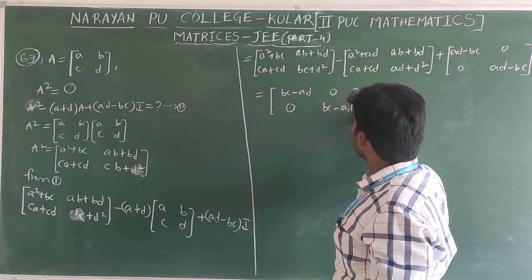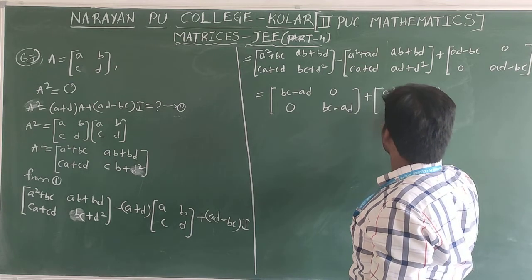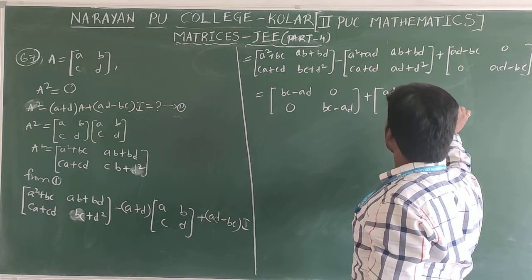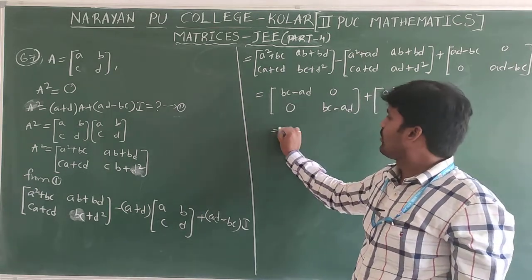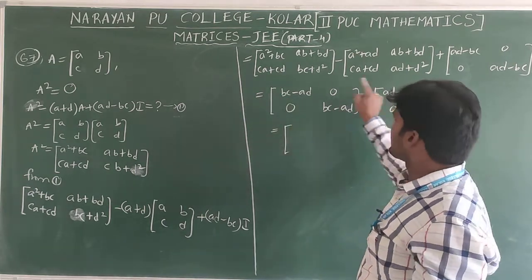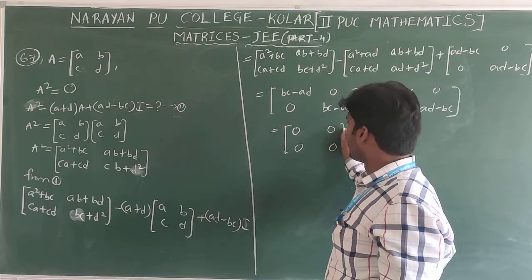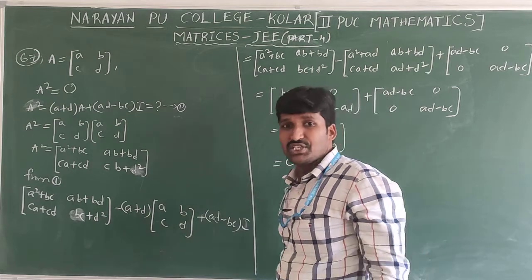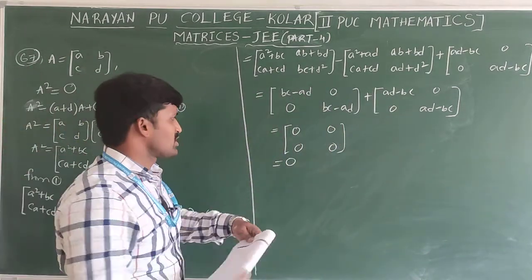Plus what is there here? AD minus BC, 0, 0, AD minus BC. Again add these two matrices. What will we get? BC minus BC, AD minus AD: 0, 0, 0, 0. Now we got which matrix? The 0 matrix. Now coming to question number 67, which option is correct?